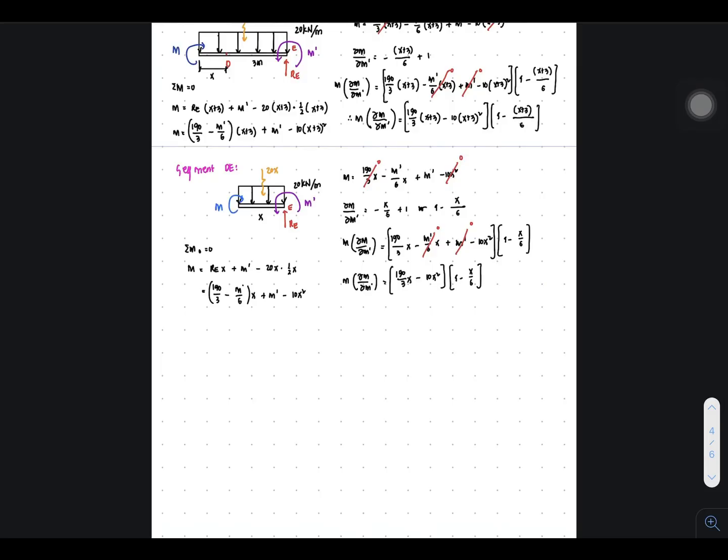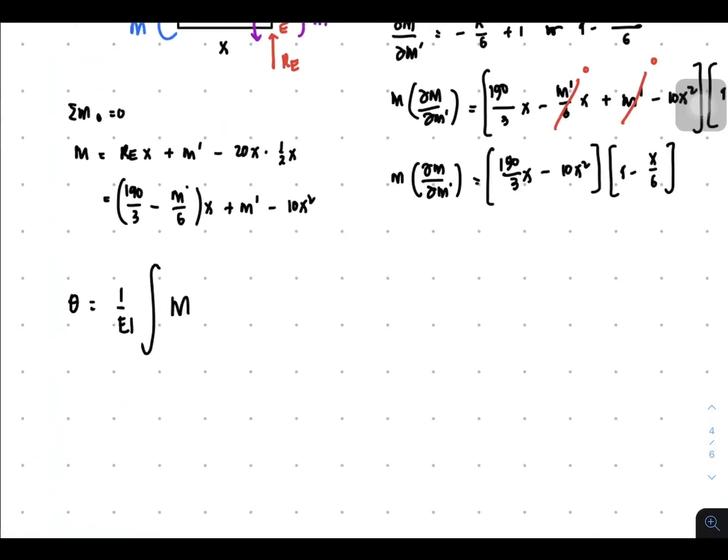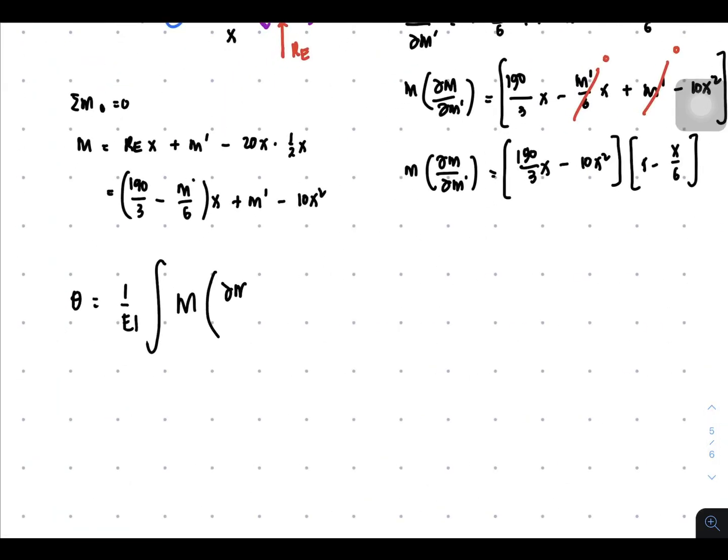So let us now continue with the slope. The slope is equal to 1 over EI of the integral of M times the partial derivative of M with respect to M prime dx, and this is from A to B. So the limit is from 0 to 1.